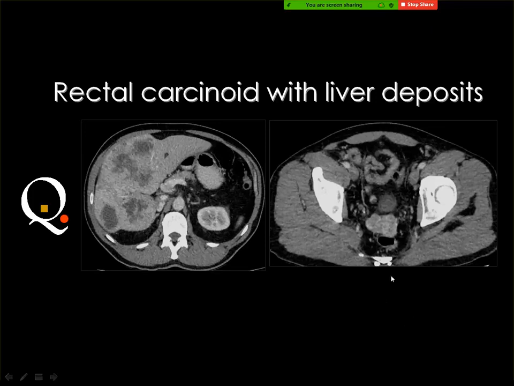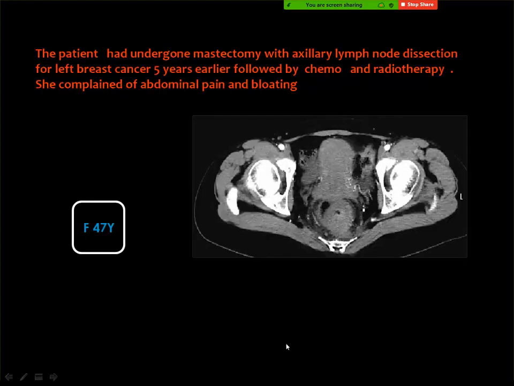But what favors the diagnosis of carcinoid should be in the clinical data, and also the well definition and significant enhancement of the lesion. But you are not supposed to say so. You say this is a neoplasm or malignant rectal lesion with liver deposits.